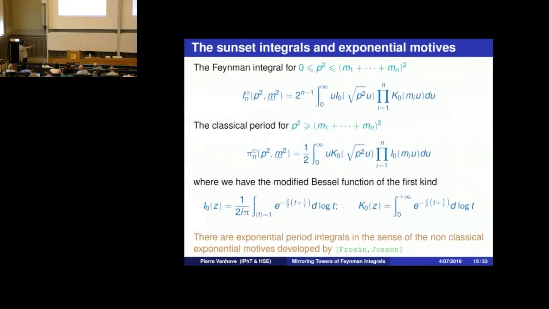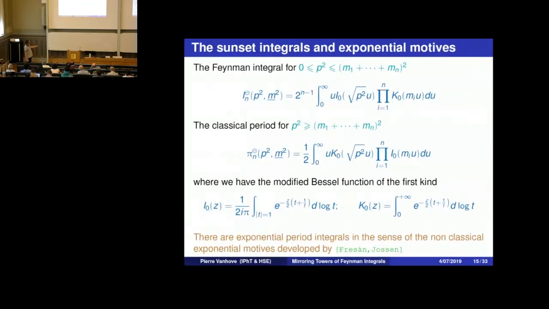The other thing that is very nice with this family of sunset integrals is that if you use a Dirac space representation, so you are not in momentum space, the propagator in 2 dimensions is a Bessel function. So the Feynman integral is a product of Bessel functions. It's a 1-dimensional integral of products of K0 and I0 Bessel functions, okay?